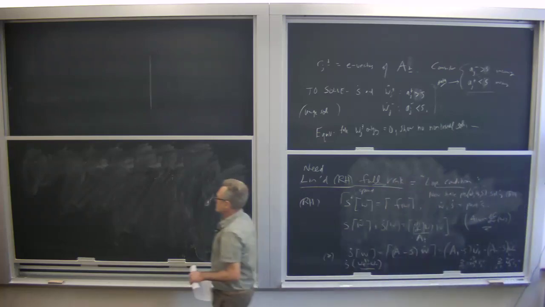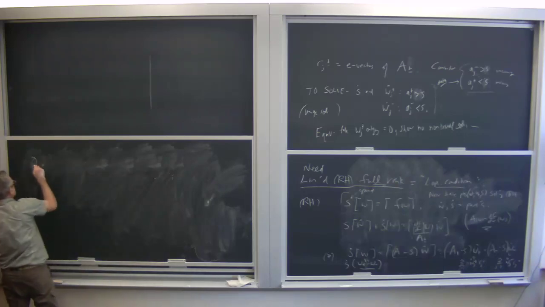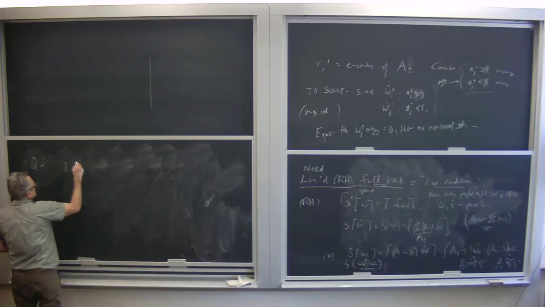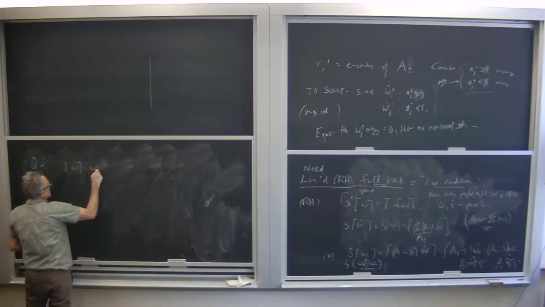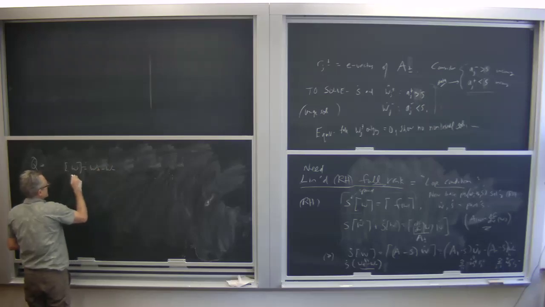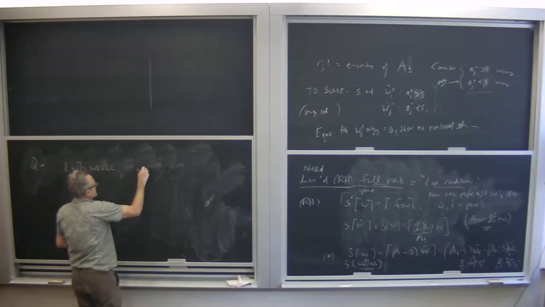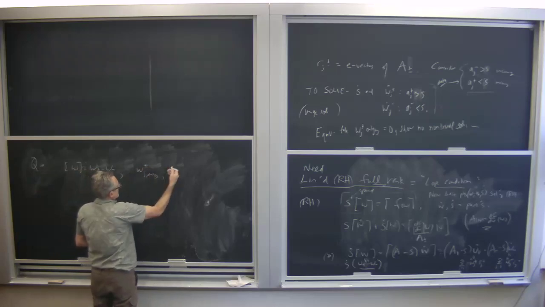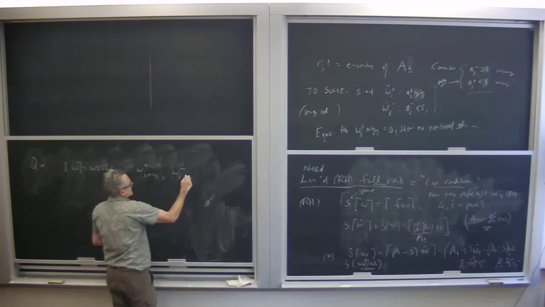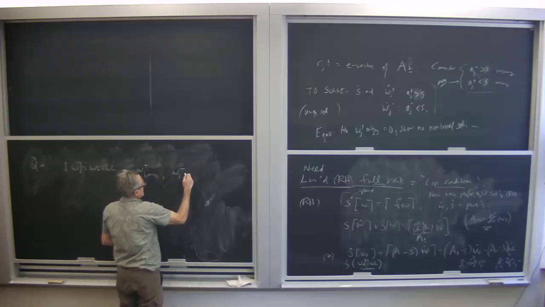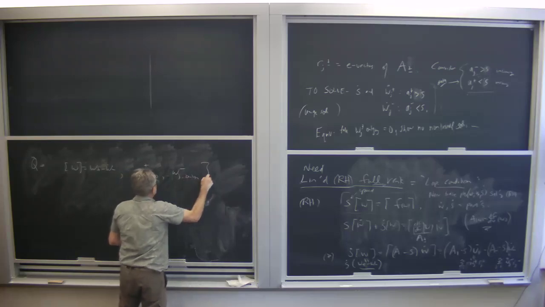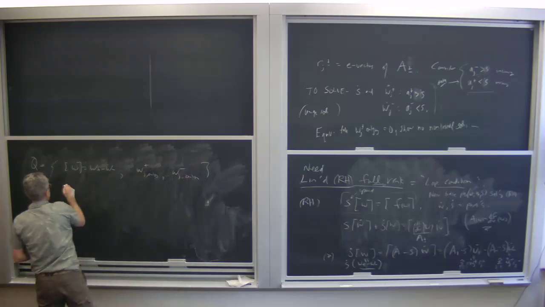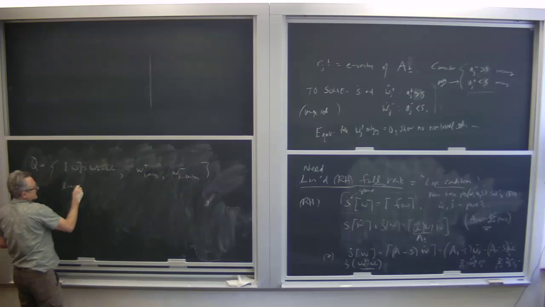So the question is: the jump in W, which is W plus minus W minus, this is a vector, and Wj plus outgoing and Wj minus outgoing. Is this a linearly independent set?